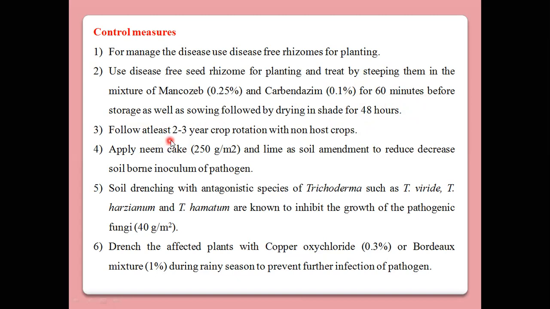Then follow at least 2 to 3 year crop rotation with non-host crops, because Pythium is a soil-borne pathogen. So eradicate the Pythium by adopting crop rotation practices with non-host crops.